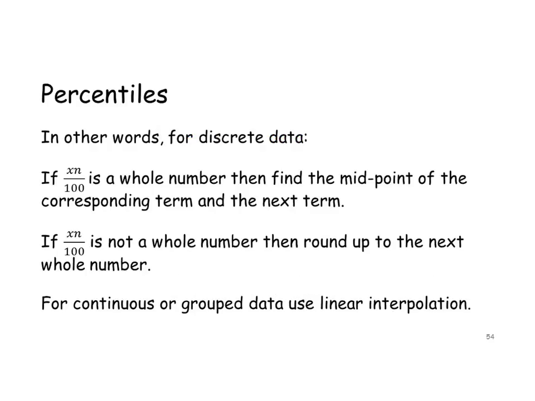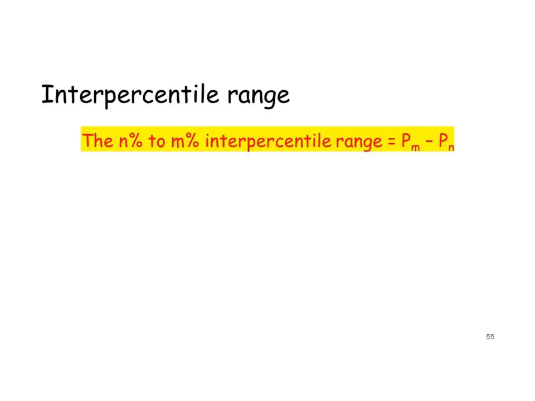In other words, for discrete data, if xn over 100 is a whole number, then find the midpoint for the corresponding term and the next term. If xn divided by 100 is not a whole number, then round up to the next whole number. For continuous or grouped data, use linear interpolation. And the interpercentile range is very similar to the interquartile range, except we choose the percentages.